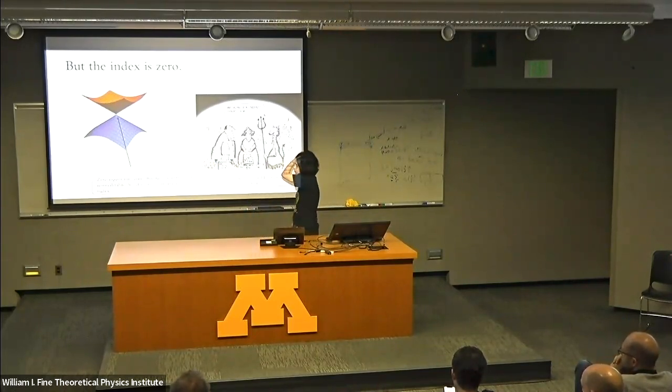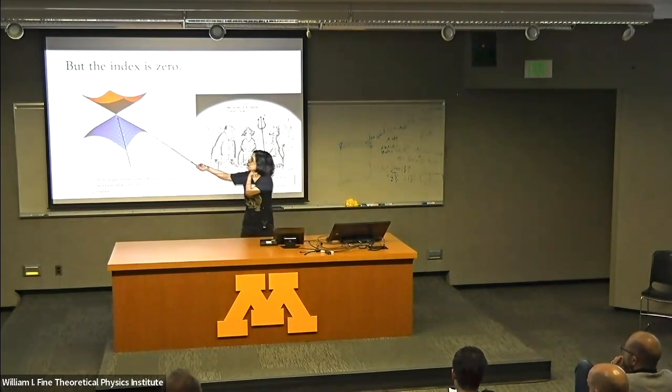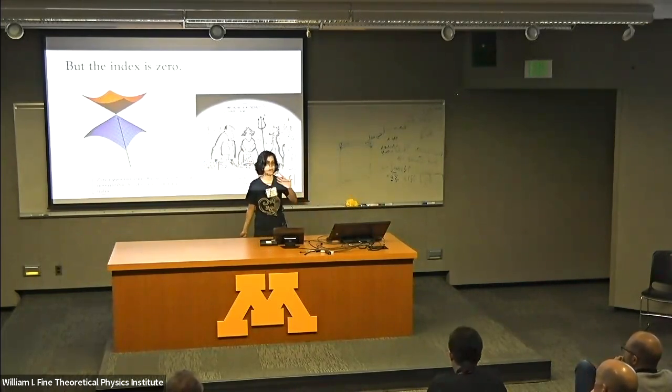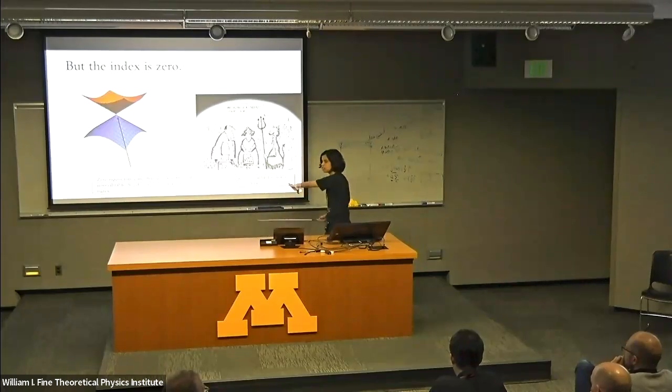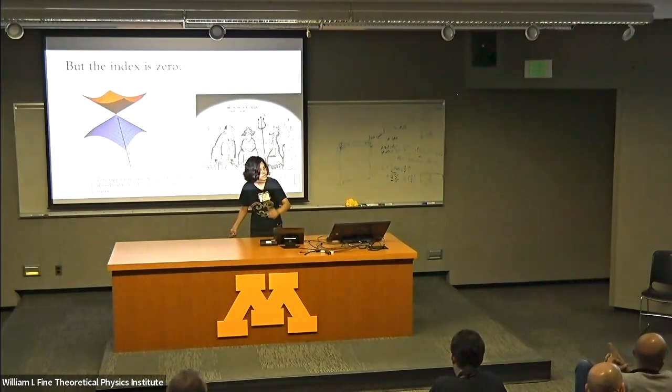So what you have to do is introduce some diagnostic fields to localize this state in such a way that when you take this diagnostic field to 0 at the end of your calculation, the index still remains non-zero. I will demonstrate this in an example. This may look a little bit abstract, but it will become clear in the example. The index is 0 on what space-time topology?